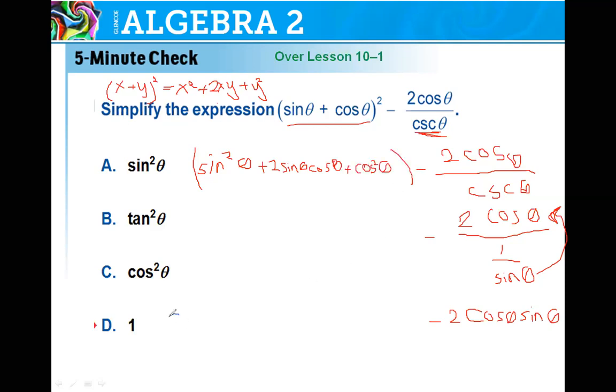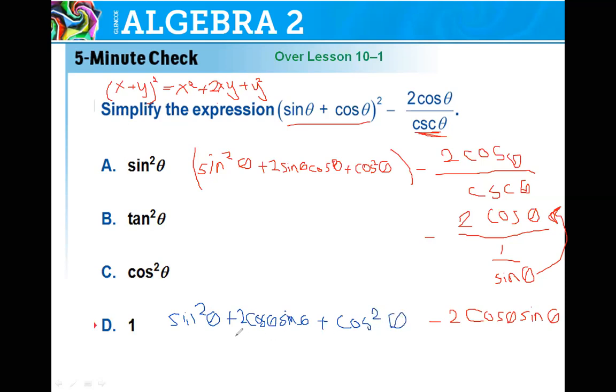So I have here sine square theta plus 2 cosine sine or sine cosine. It's multiplied, no problem about the order. Plus cosine squared.